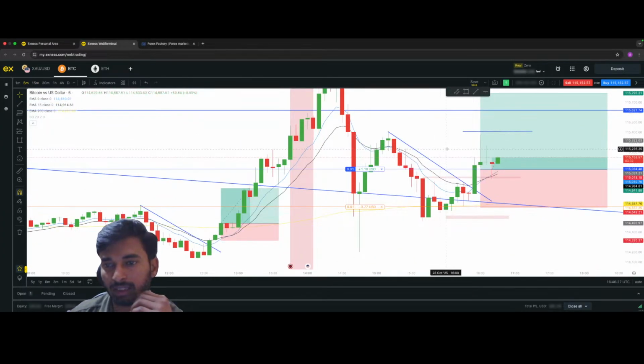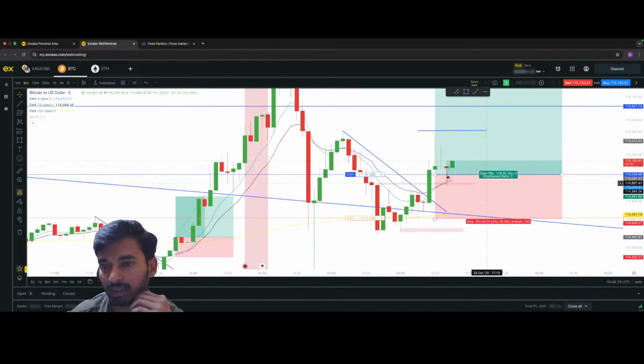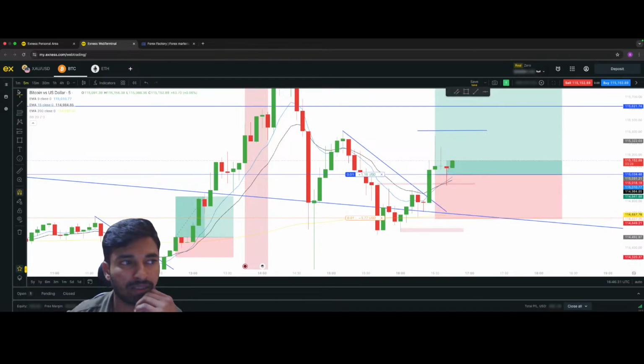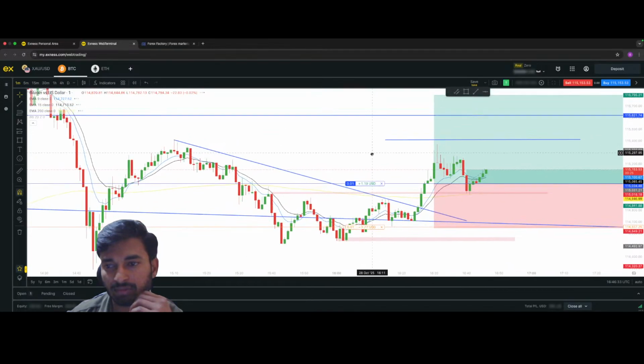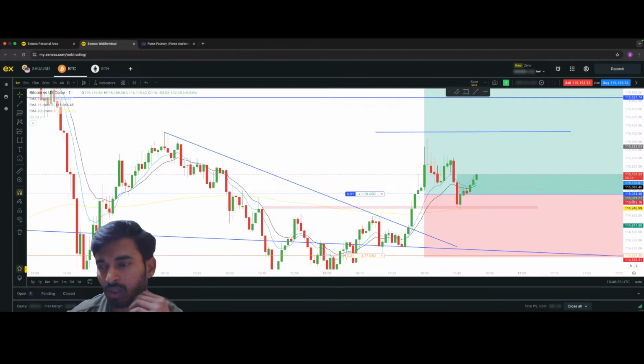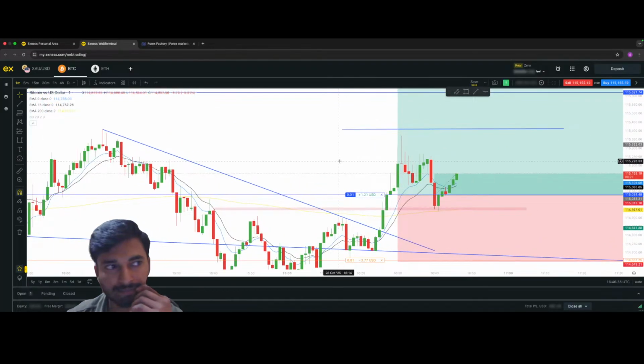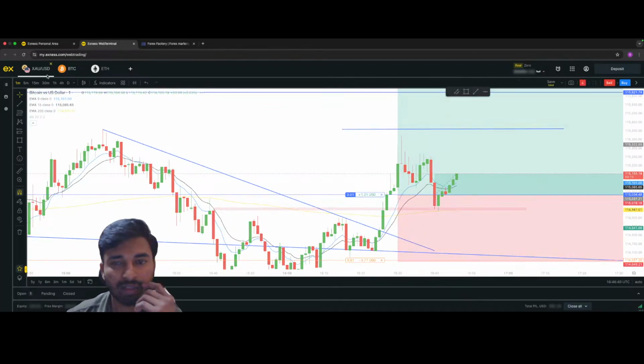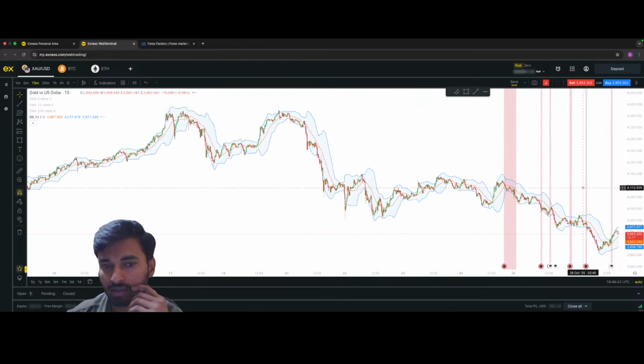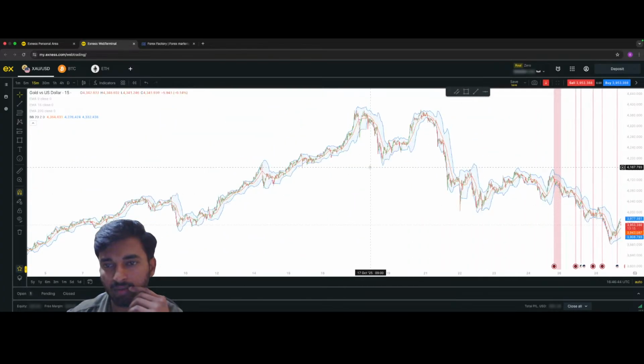Let's see in 1 minute what is going to happen. Gold and silver are falling. If I shift to gold, see, from here gold is falling.